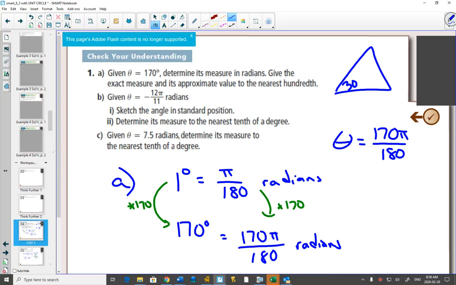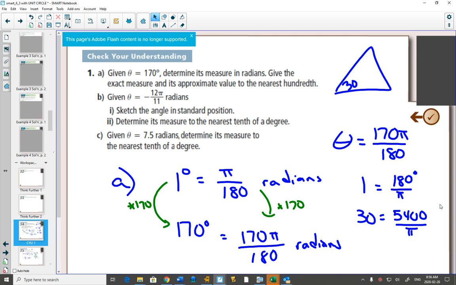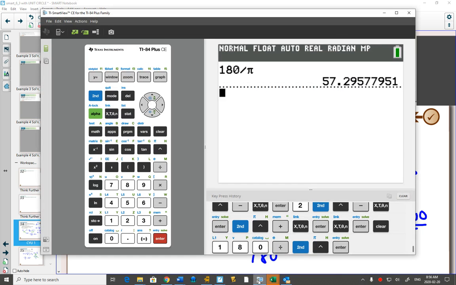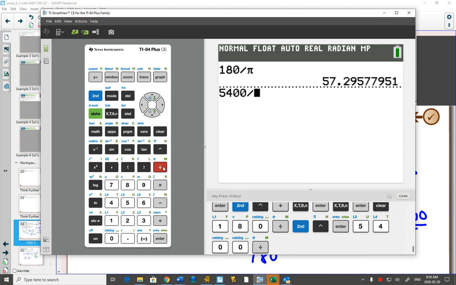We could figure it out, right? One radian is equal to 180 over pi degrees. So 30 radians would be 30 times this. Type that into your calculator. 5,400 divided by pi. Oh my goodness, 1,718 degrees.